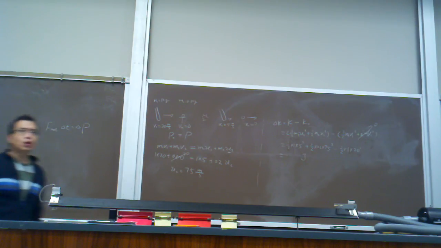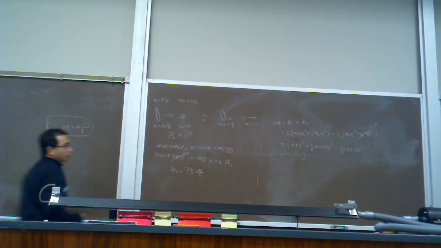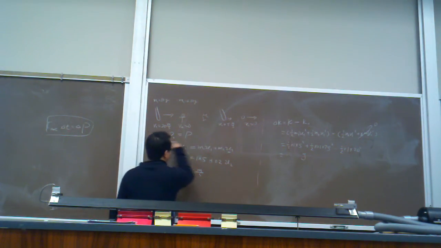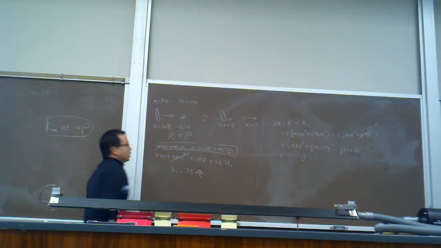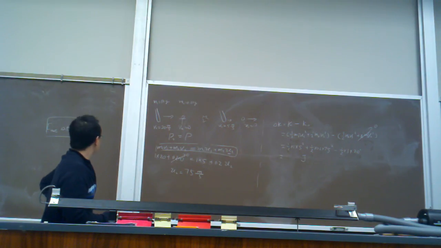And you can see here, when we apply the two different equations, the impulse-momentum theorem and the conservation of momentum, can you see there is a big difference? How can we apply the two equations?